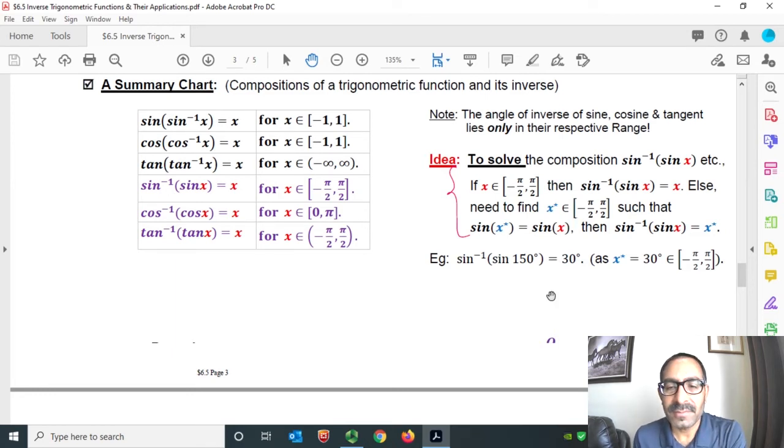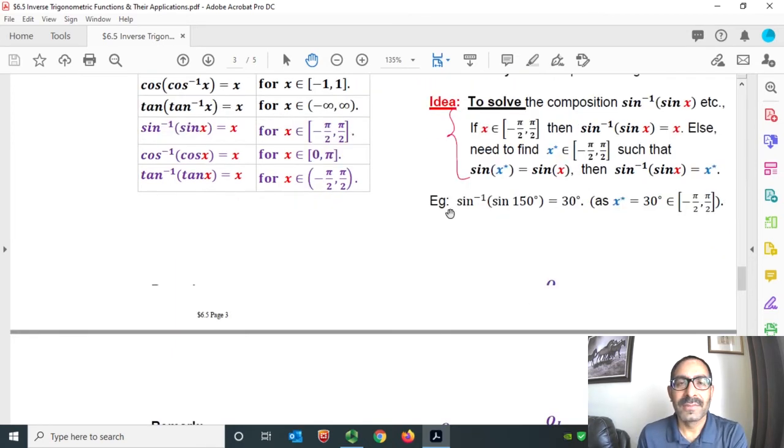For example, sine inverse of sine 150 degrees equals 30 degrees, because 30 degrees lies in the range of the inverse sine function, which is negative pi half to pi half. 150 degrees lies outside this range. I hope this makes sense to you all. Let's move on.